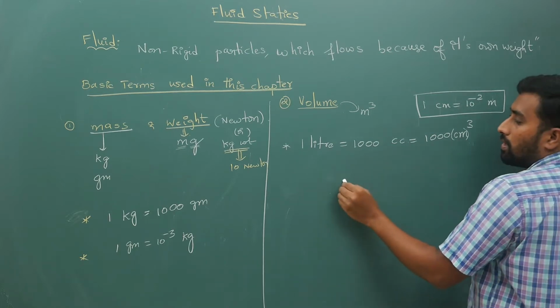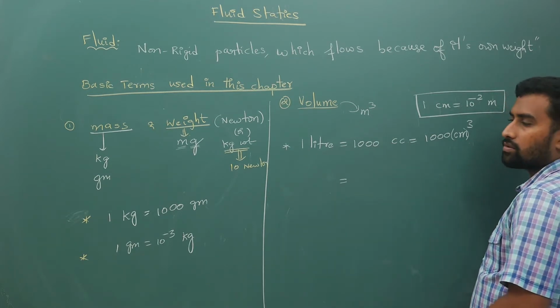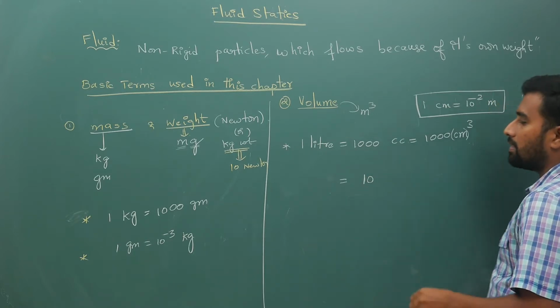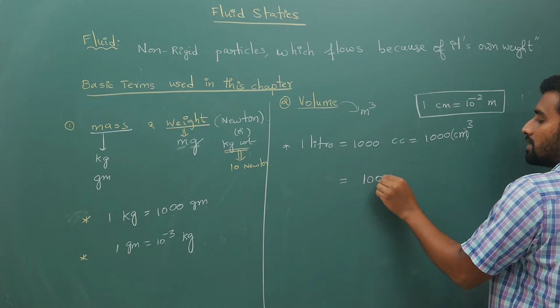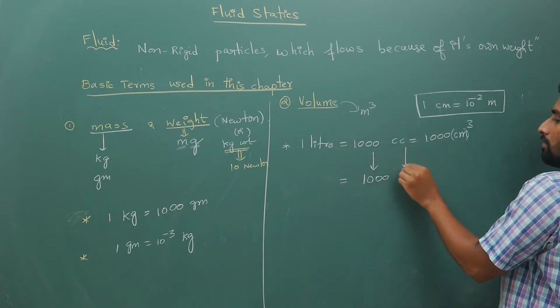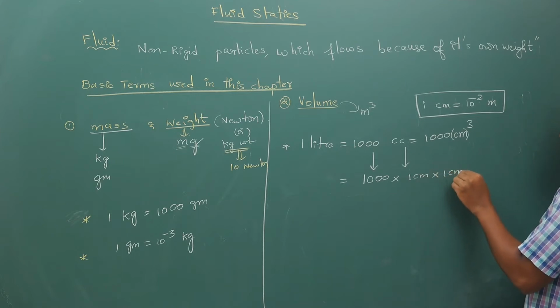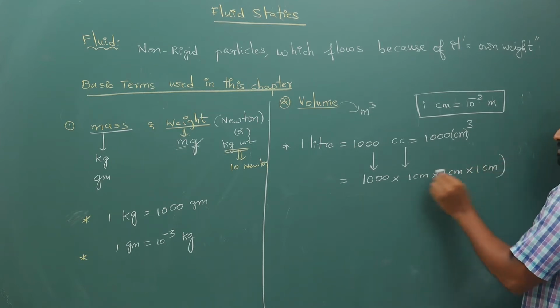So now how much is 1 liter? 1 liter is 1000 times 1 centimeter cube, which can be written as 1 centimeter into 1 centimeter into 1 centimeter.